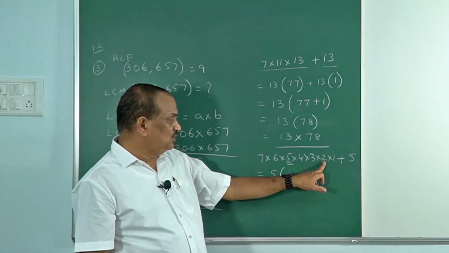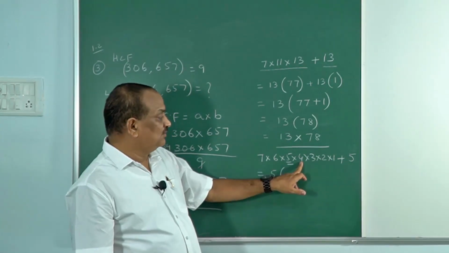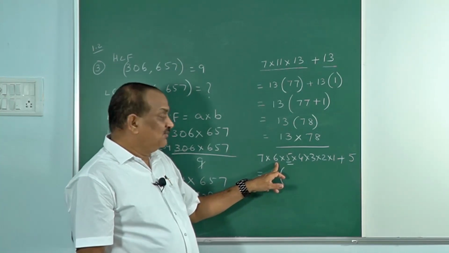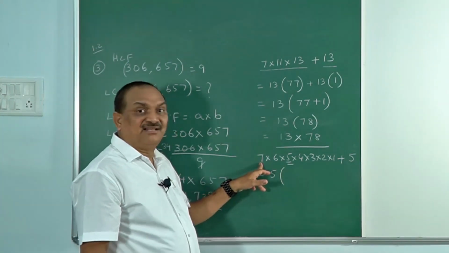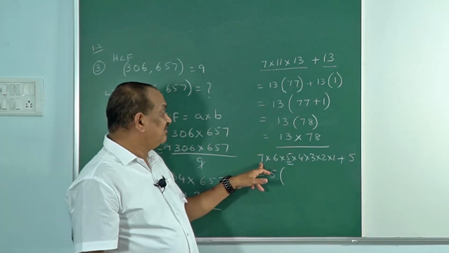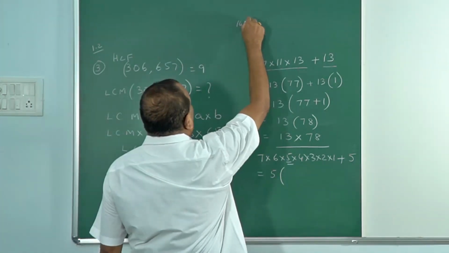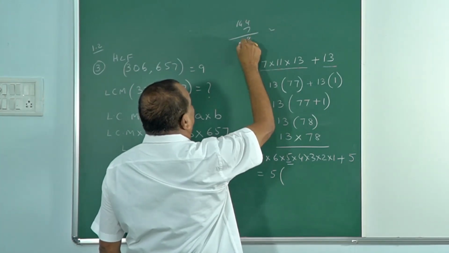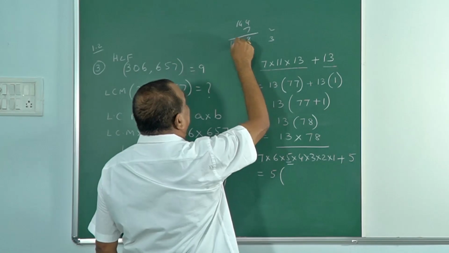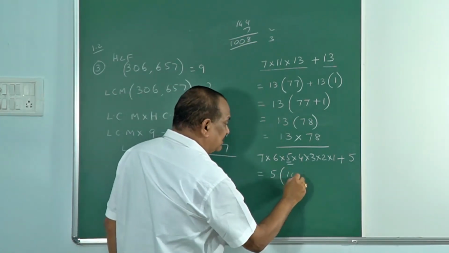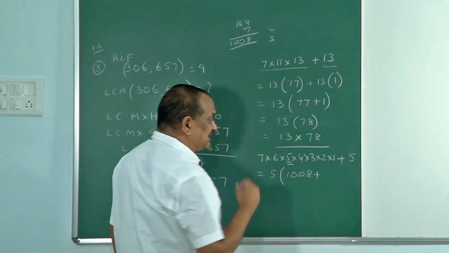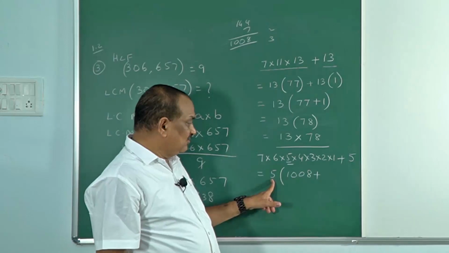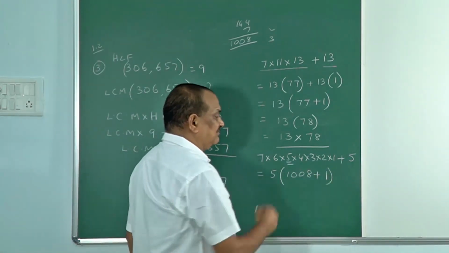1 times 2 is 2, 2 times 3 is 6, 6 times 4 is 24, 24 times 6 is 144. Okay, 144 times 7 is 1008. So I have 1008 plus 5 times 1; 5 is taken out, so I'm left with 1.